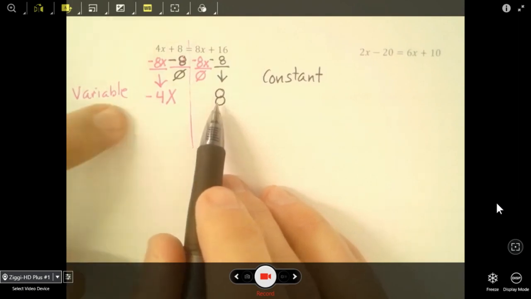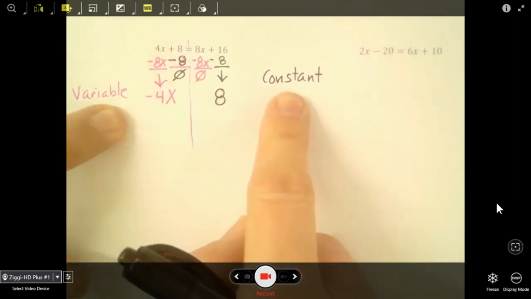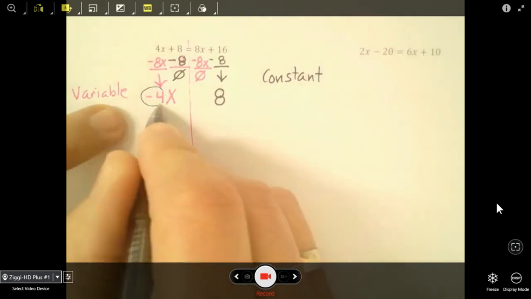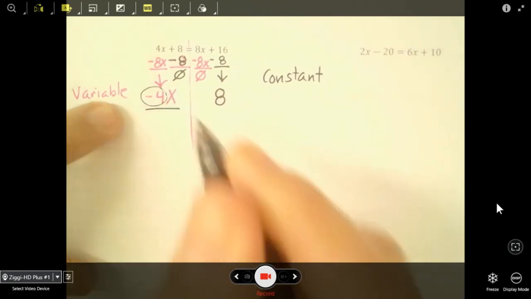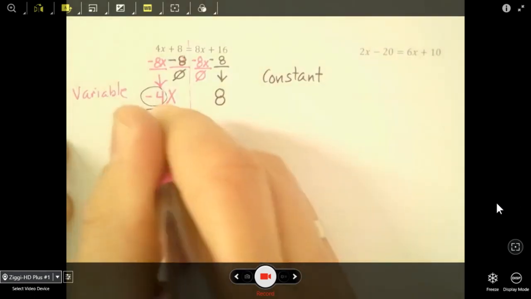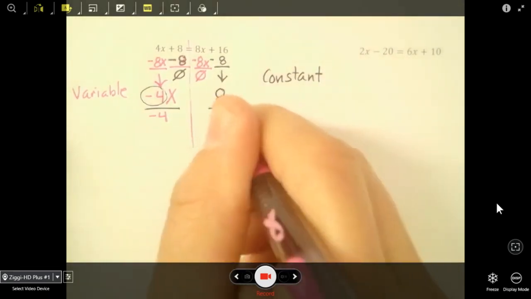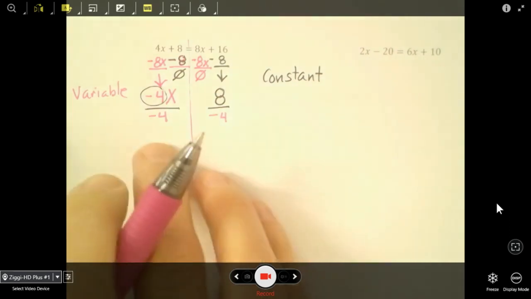So all my variables are on the left, all my constants are on the right, and my final step is to divide by this coefficient of negative 4. So I'm going to do the division. I'm going to divide by negative 4. I'm also going to divide the other side by negative 4 so we can keep the equation balanced.